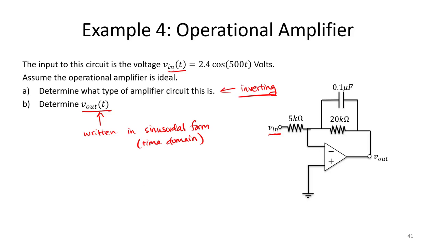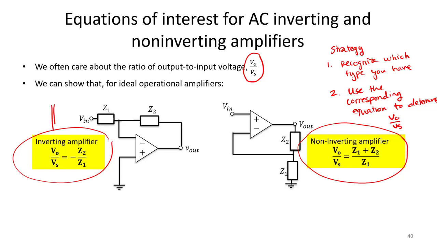And now all that's left is to determine our output voltage as a function of time. And in order to do that, let's use our equation that we just learned. We know the ratio of the output to input voltages for an inverting amplifier will be negative Z2 over Z1.